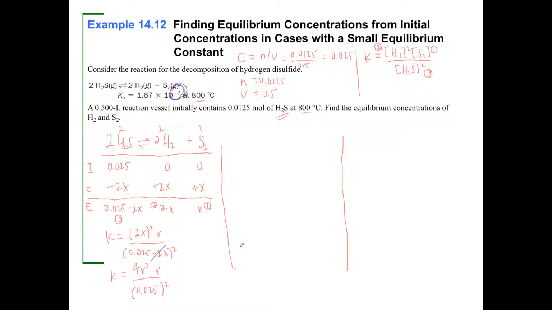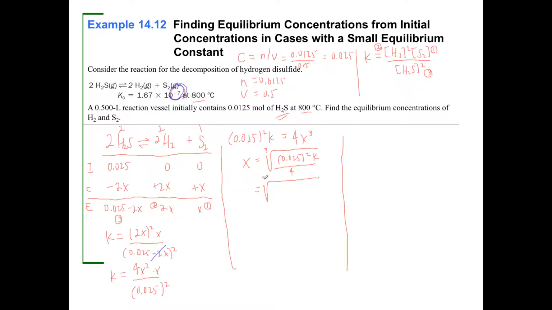So now I'm going to come up here and say 0.025 squared times k is equal to 4x cubed. So x is going to equal the cube root of 0.025 squared times k over 4.